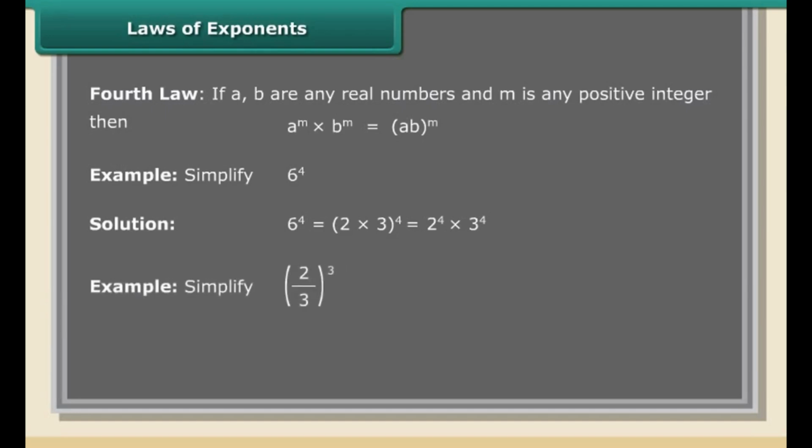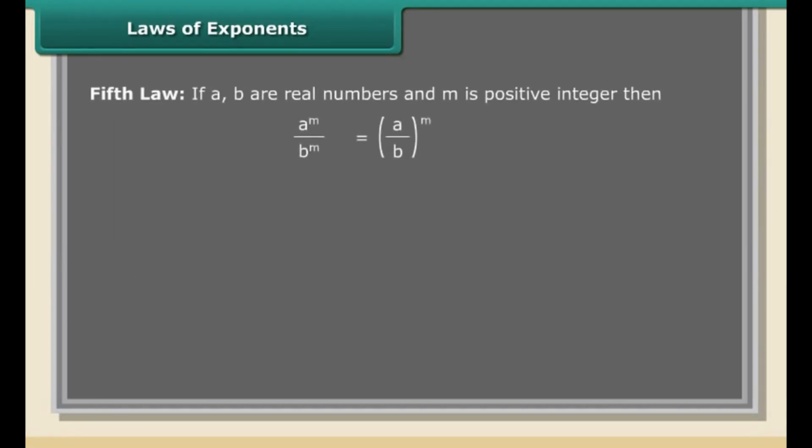Example. Simplify (2/3)^3. Solution. (2/3)^3 is equal to 2^3 upon 3^3, which is equal to 8/27.